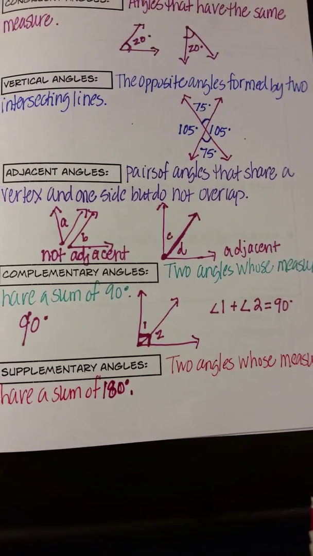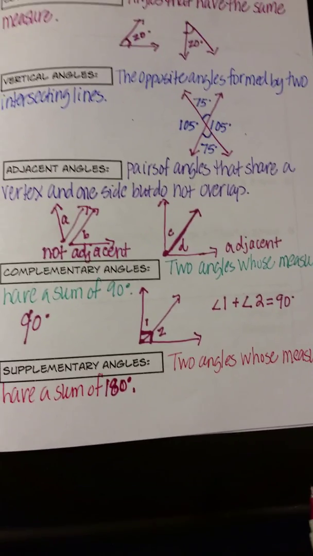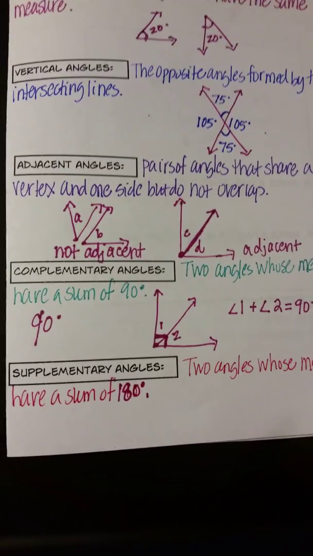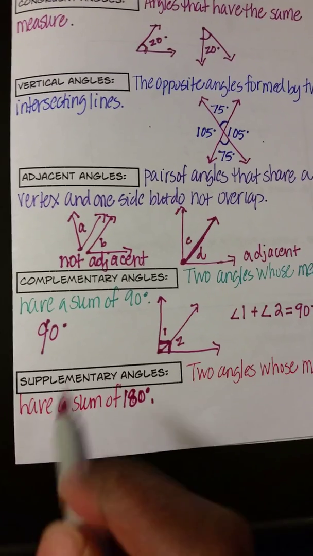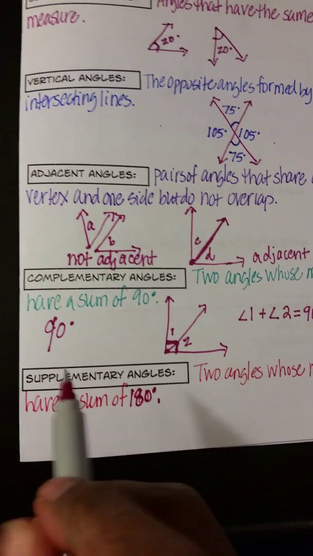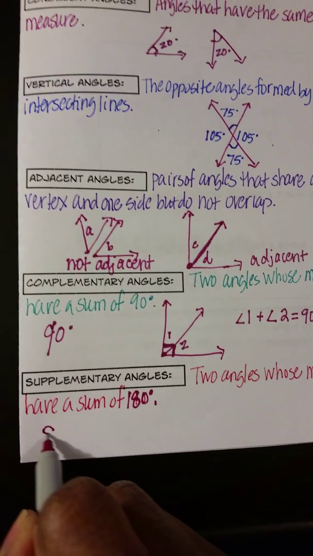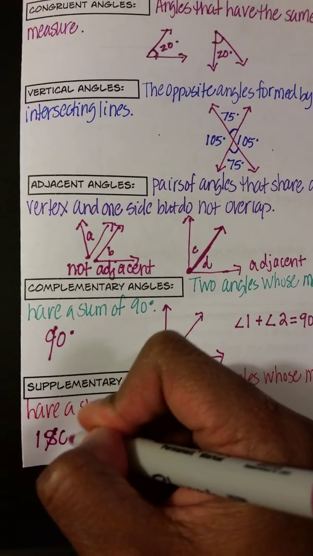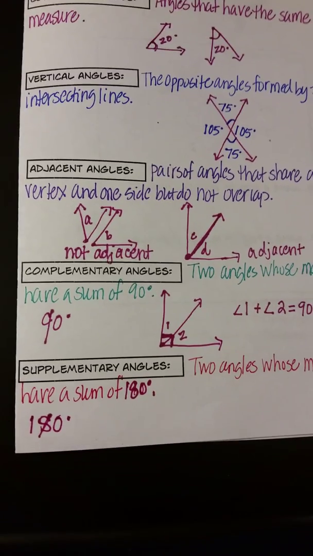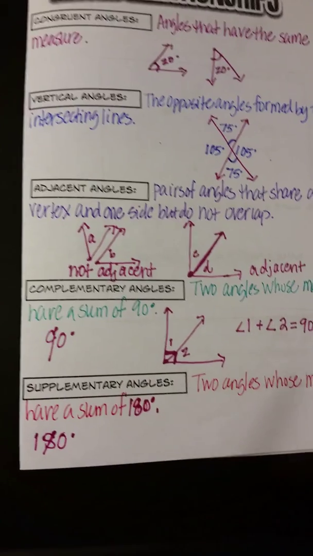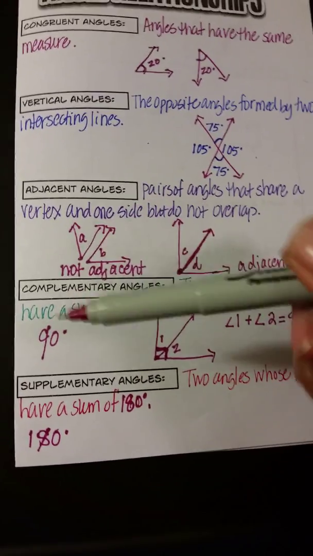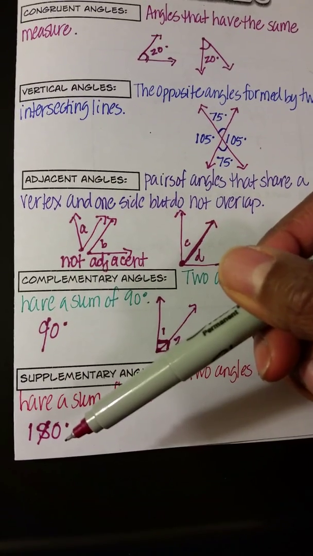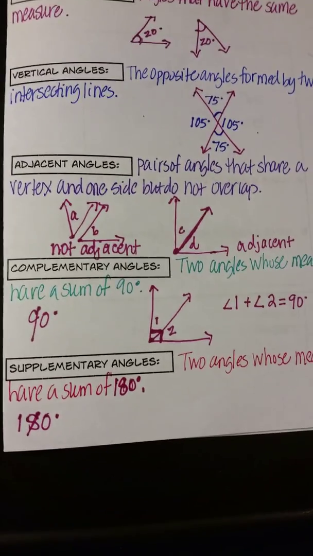I always tell my students to take that S, and if I draw a line, it forms an 8, 180 degrees. Supplementary. Another way you can remember it is the alphabet: C comes before S, and 90 comes before 180. That's how you can remember the difference between those two.